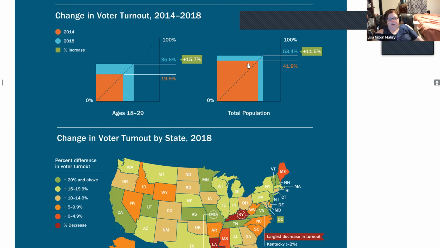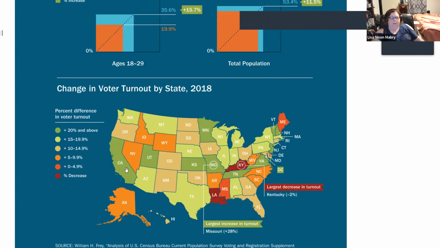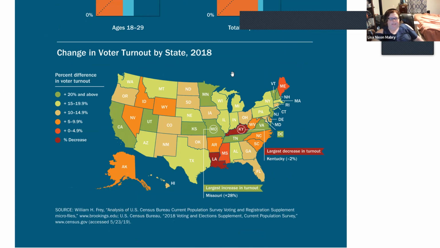Total population, we saw had an 11.5% increase. So we had a larger turnout in 2018 than we did in 2014, which is good, right? More voter turnout is always better. And then here's changes in voter turnout by state. So a couple of states, Louisiana and Kentucky, decreased in voter turnout. Hot mess. And of course it has to be in the South, right?